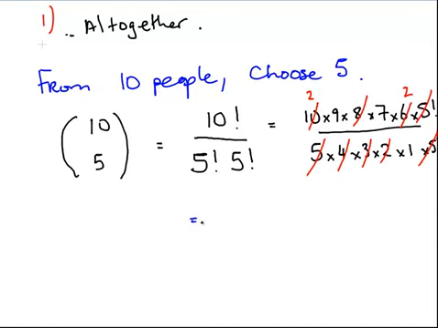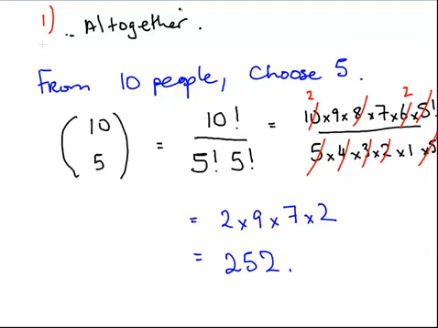So that is 2 by 9 by 7 by 2, and that is equal to, a little bit of calculator work, 63 by 4 is 252. There are 252 ways of choosing 5 people from 10. So that's the first part.